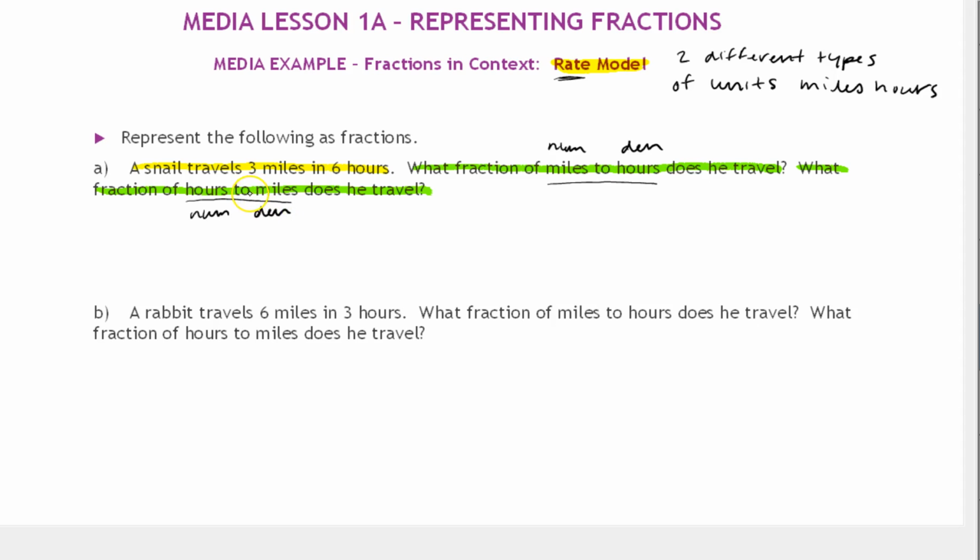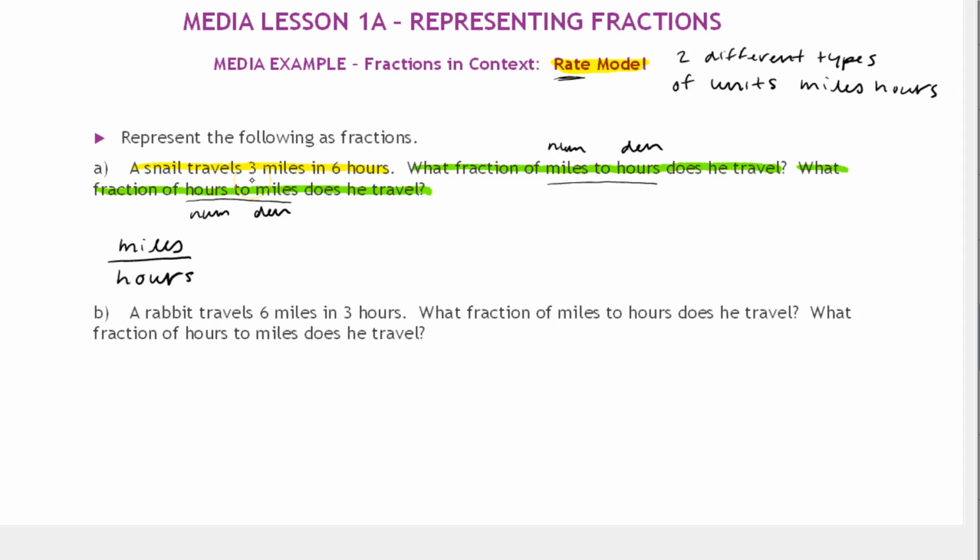So you look at the word "to," and the unit preceding it is the top and the unit after it is the bottom. Okay. So I'm going to start this first one. It's nice to write your units as a fraction, miles over hours, like we've been doing, and that will help you set up the problem correctly.